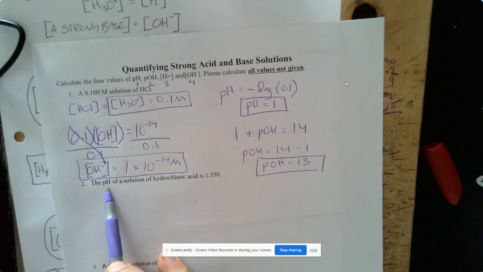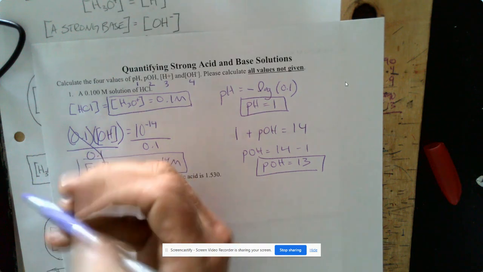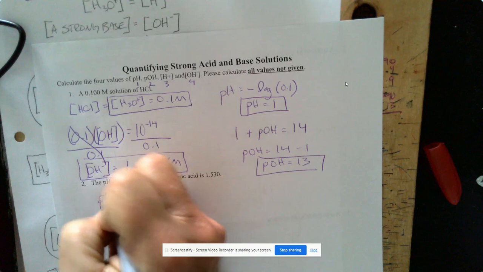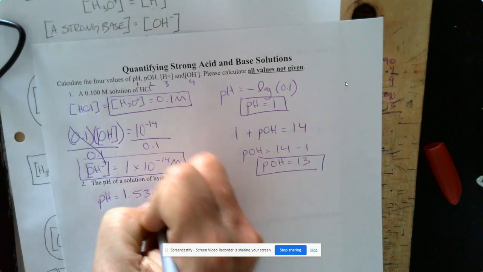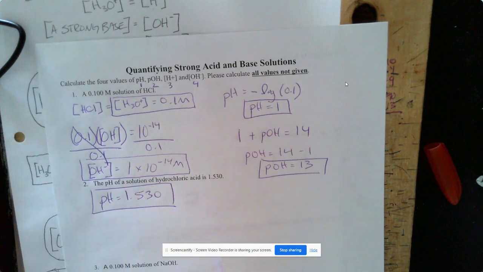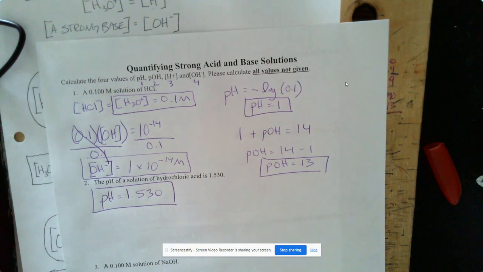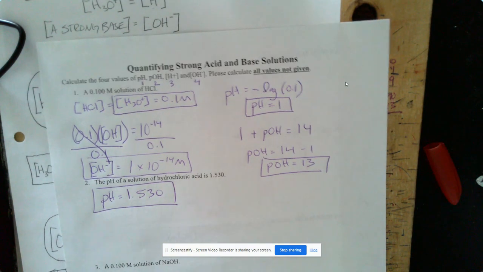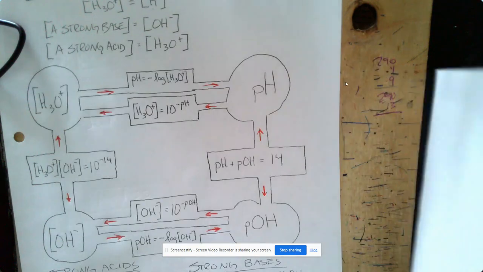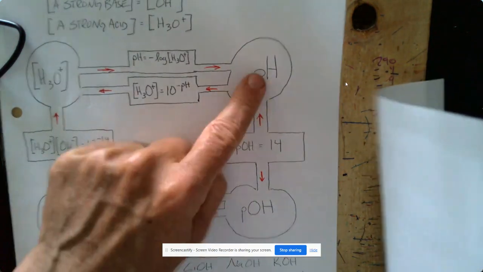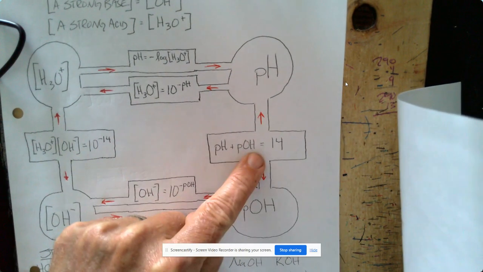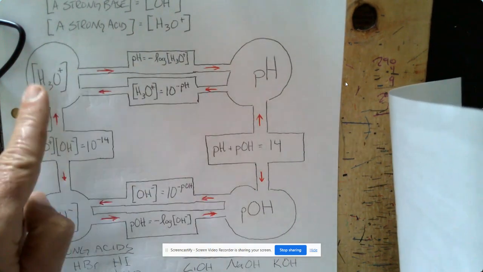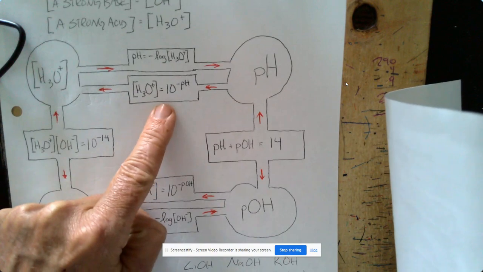They said straight up that the pH is 1.530. pH doesn't have any units. Sweet. So now that we know the pH is 1.530, we can get this with this formula, and we can get this with this formula down here.